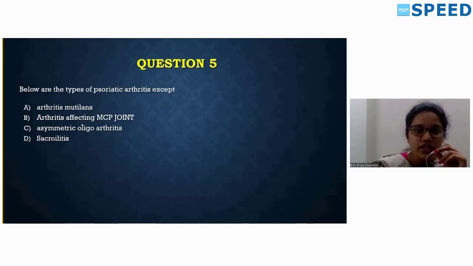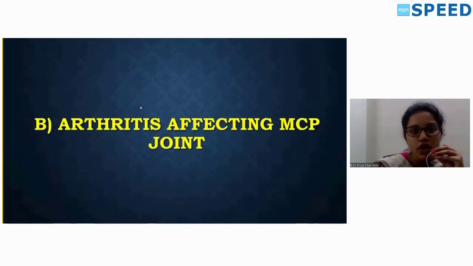Asymmetric oligoarthritis is also a type, and it's the most common type. Sacroiliitis is also a type. Arthritis affecting the MCP joint is not a type of psoriatic arthritis. Usually psoriatic arthritis affecting the small joints will have distal interphalangeal joint, DIP joint, involvement, not MCP joint involvement. MCP joint involvement will be seen in rheumatoid arthritis. So this is the wrong answer.